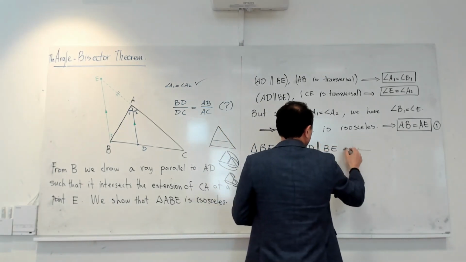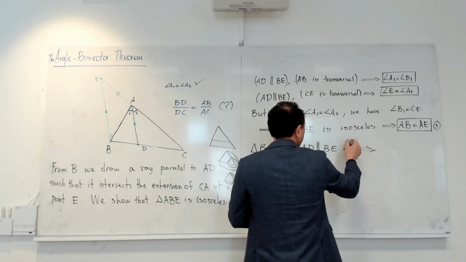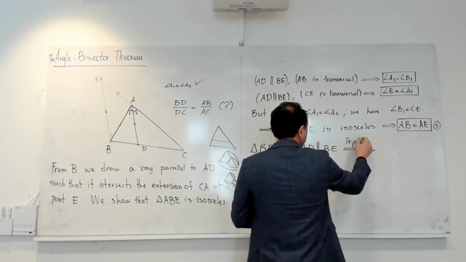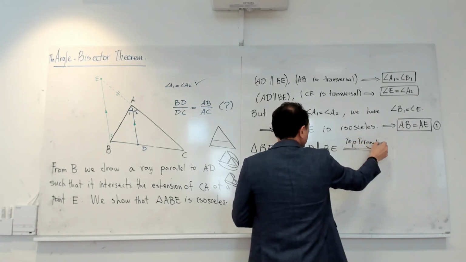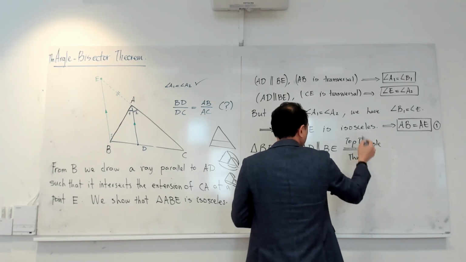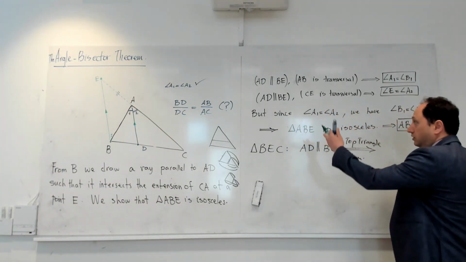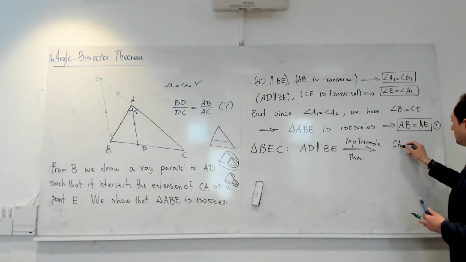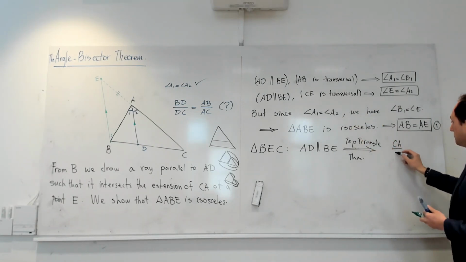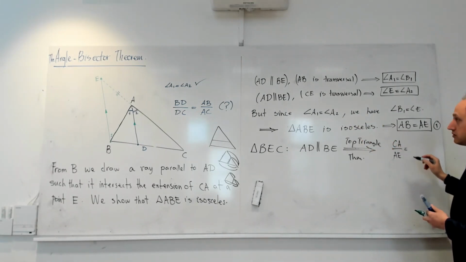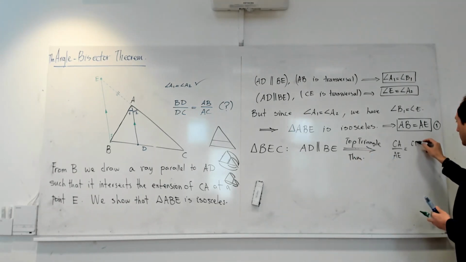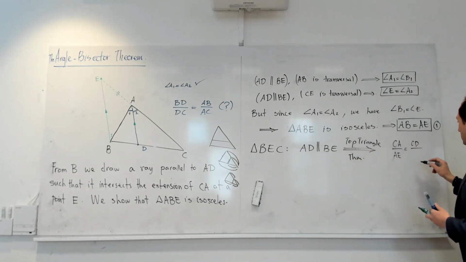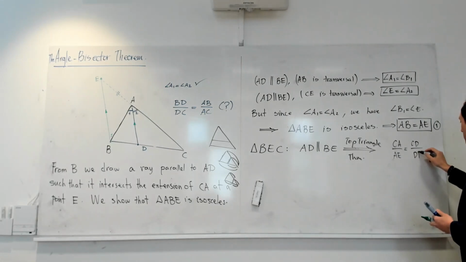Then, based on top triangle theorem, what can I conclude? I can conclude CA over AE is equal to CD over DB. Yes?